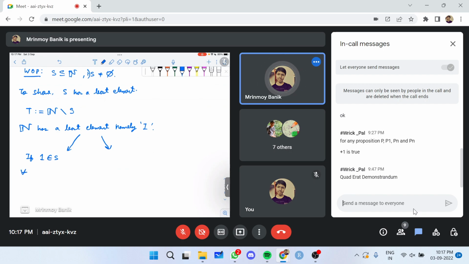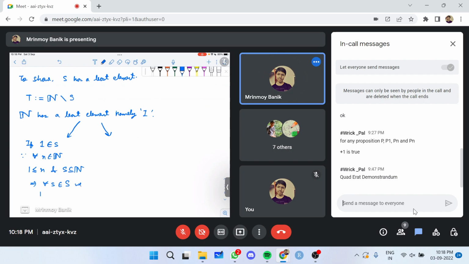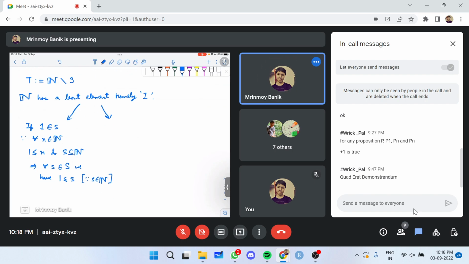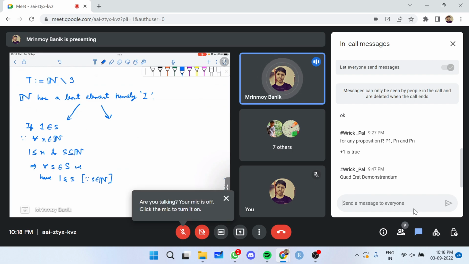Therefore, since for all n in N, 1 is less than or equal to n, and S is a subset of N, this implies for all small s in capital S, we have 1 is less than or equal to s, since N is the superset of S. Right, so we have got the least element of S, that is 1.